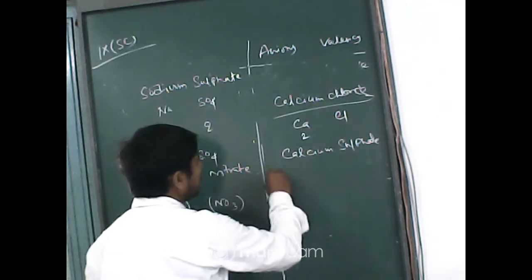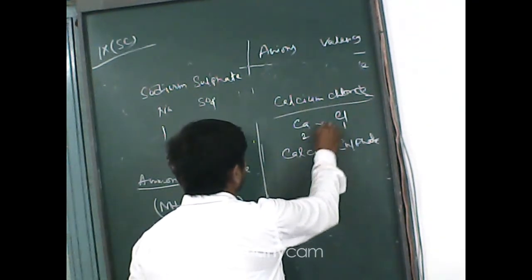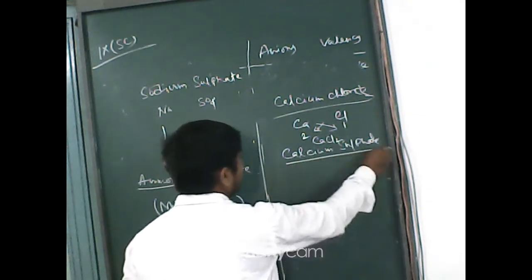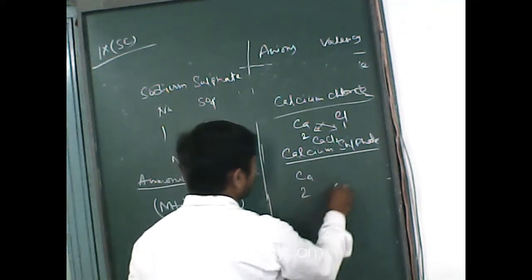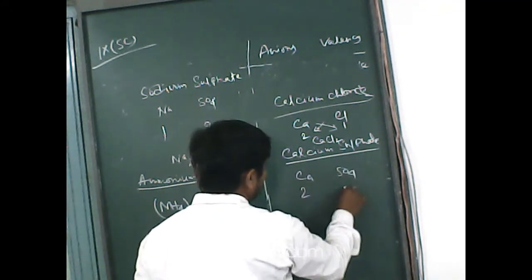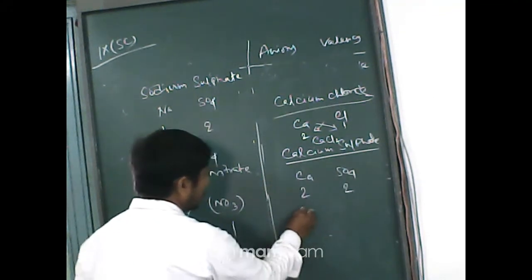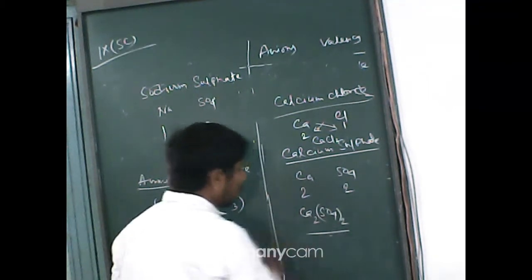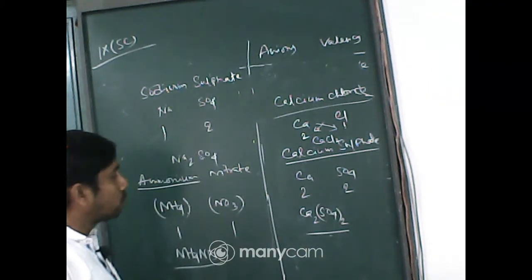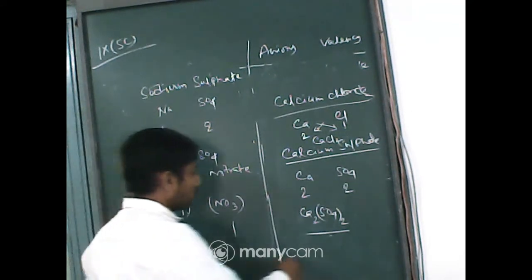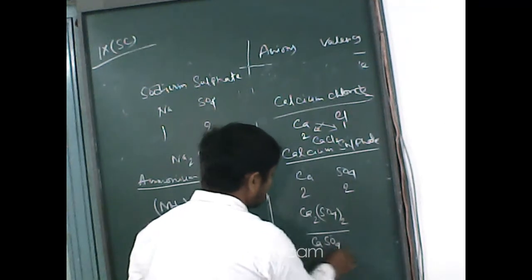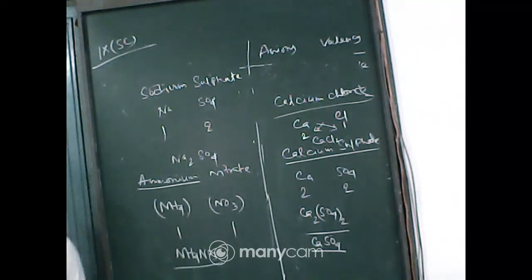Calcium valency is 2, chlorine is 1, cross multiply, CaCl2. Calcium sulfate, Ca2 sulfate 2. Now follow here: Ca2(SO4)2. It is not wrong, but according to the representation there are some rules. So here we have to simplify it, it will become CaSO4.